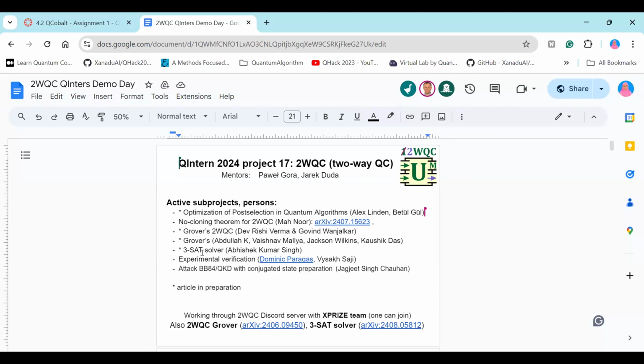Abhishek worked on the Vysakh problem, and Dominic and Vysakh will talk about the experimental verification of 2V QC. Last but not least, Jagit will talk about different attacks which we can implement on the BB84 protocol or quantum key distribution with conjugate state preparation. So now let me start with my own project.